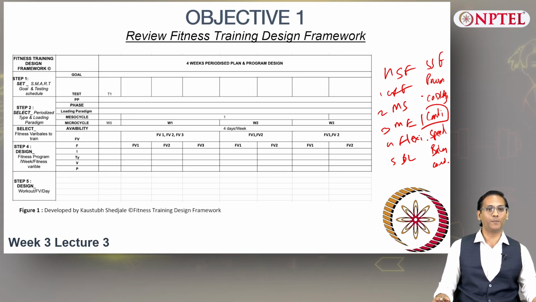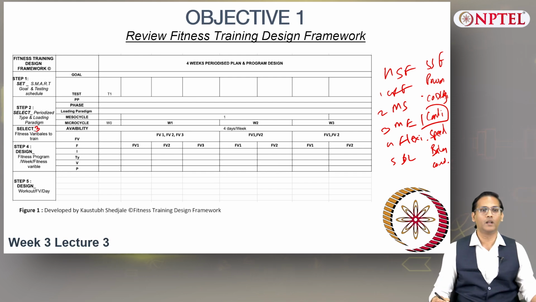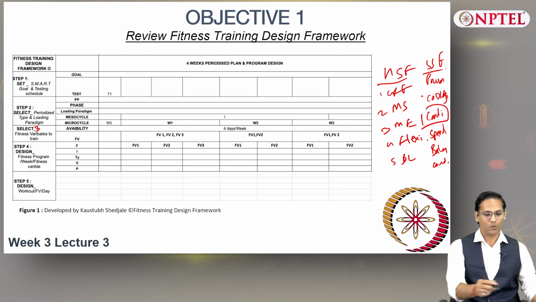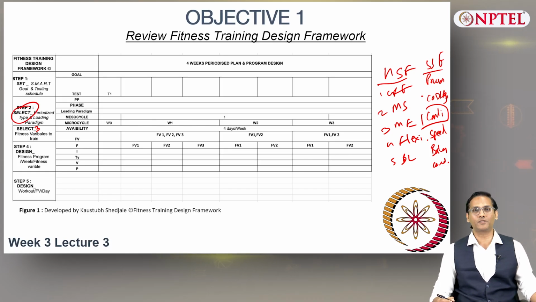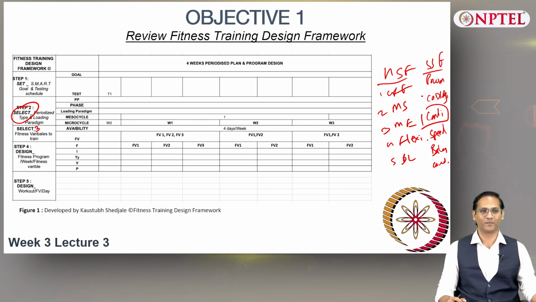So step number 3 is where you choose among these fitness variables what you are going to train within the periodized training cycle that you have created.